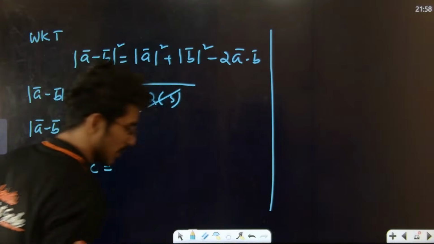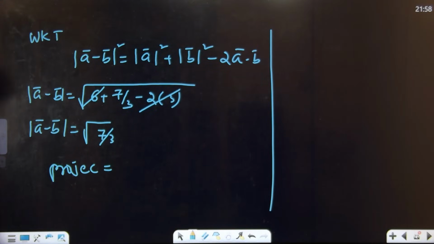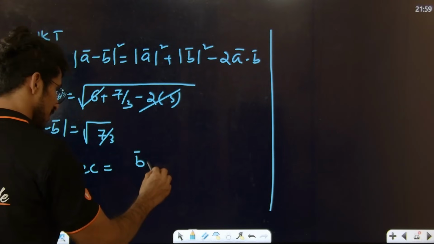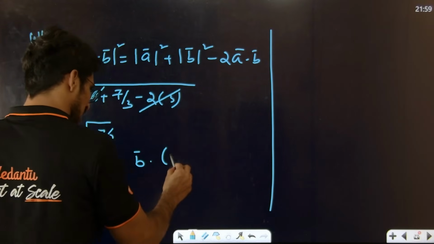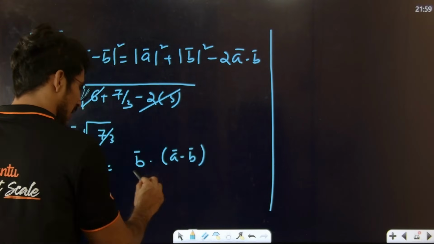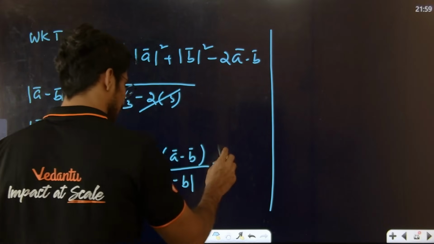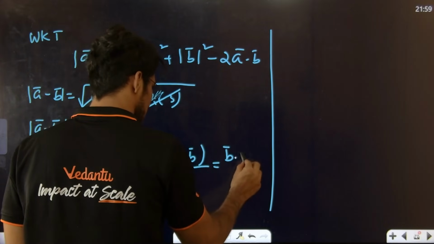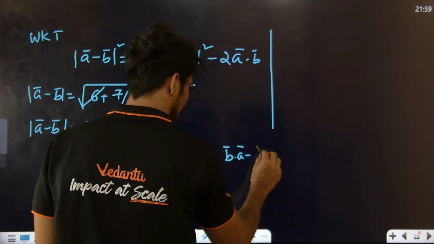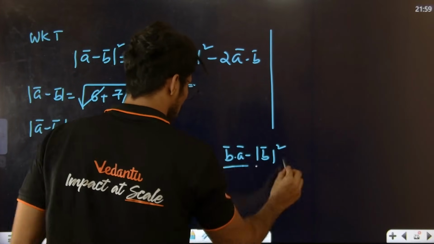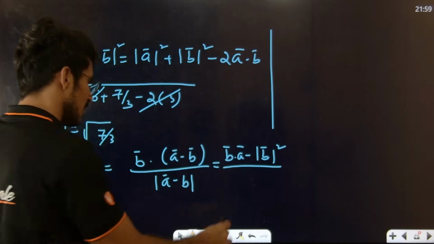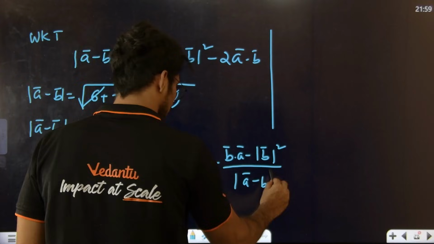Are you all getting the point, people? Basically, B dot A minus B divided by the magnitude of A minus B. We need to do the dot product here, which is A dot B minus the magnitude of B whole square.